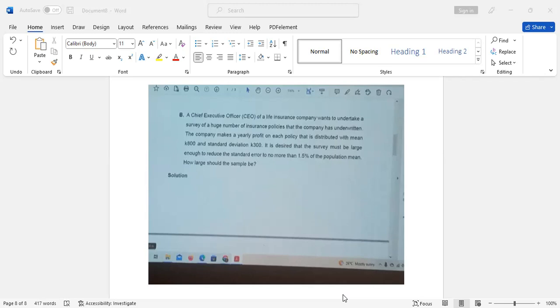All right. So we need to understand the formula of sample size. I've given you the formulas for sample size. So what formula do we use for the sample size? N is equal to S squared, Z squared.